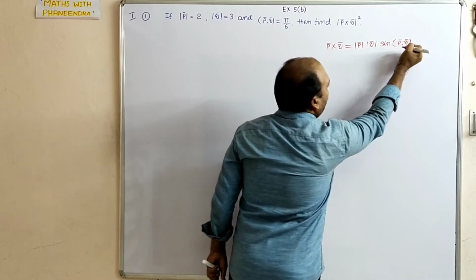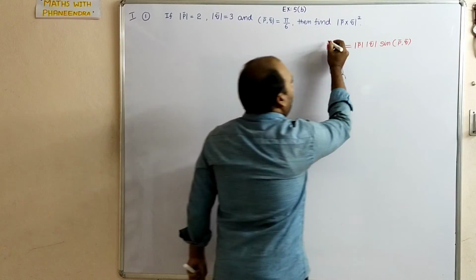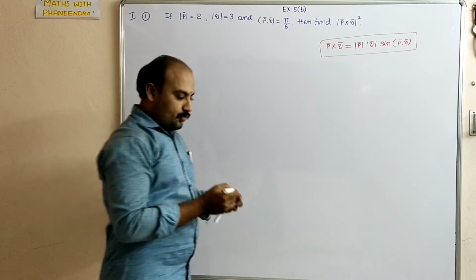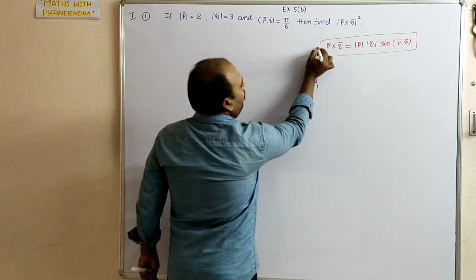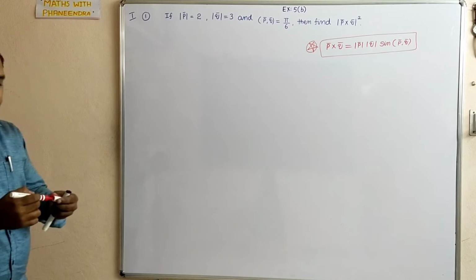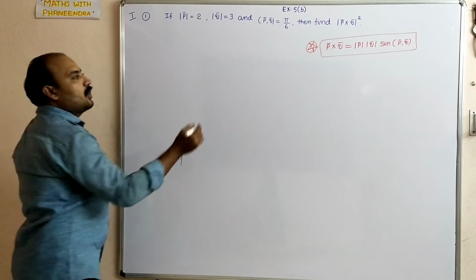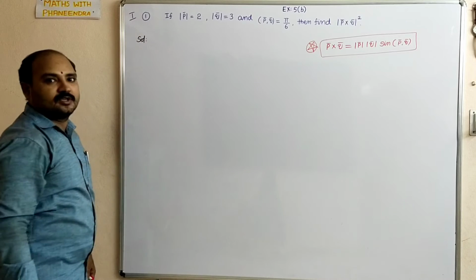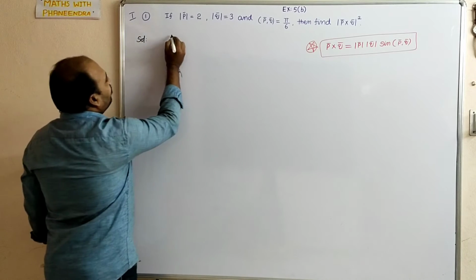This is the formula for the cross multiplication of two vectors. So this value we are going to calculate now. First we are going to do this type of question. They will ask regularly for 2 marks questions, very short answer type questions.